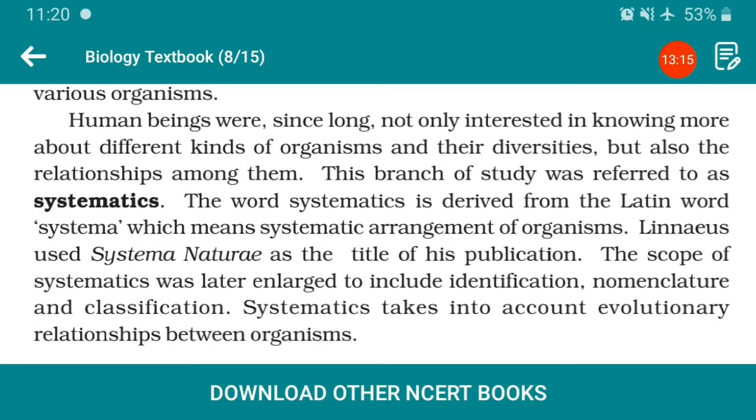Therefore we visit botanical gardens, zoological gardens, sanctuaries and national parks. Carl Linnaeus used Systema Naturae as the title of his publication. The scope of systematics was later enlarged to include identification, nomenclature and classification. Systematics takes into account the evolutionary relationship between organisms, how organisms are interlinked, which can be studied through genetic and evolutionary relationships.